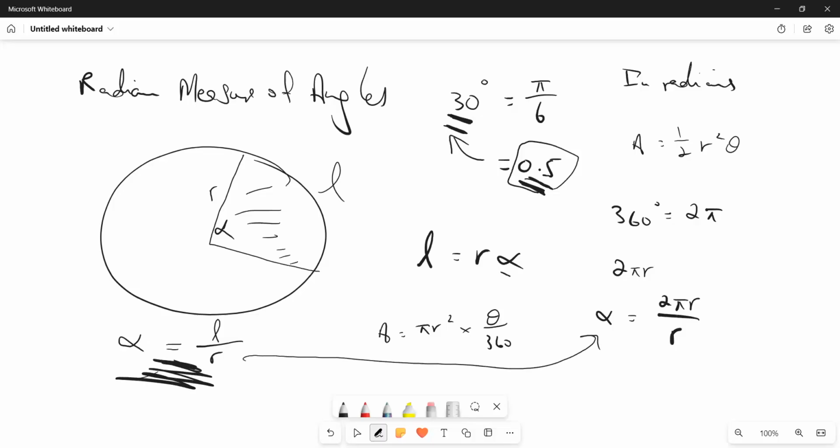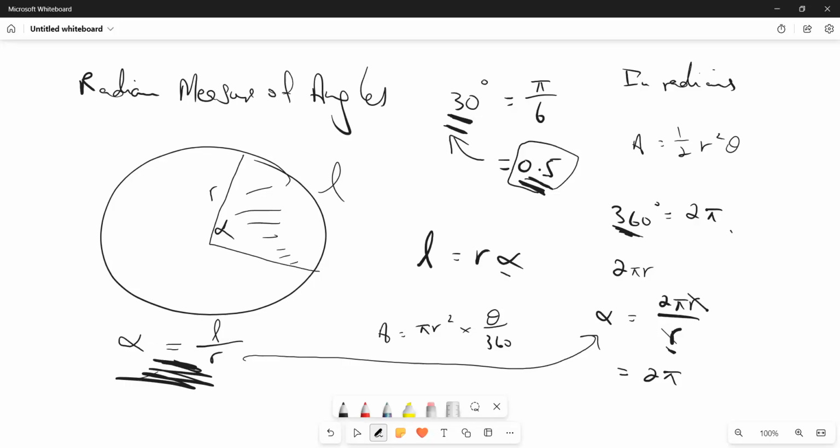If the whole circle is 2 pi r, then to get the angle in the whole circle, you have to divide by r. Isn't that what this is saying? The whole circumference, which is L now, is 2 pi r, and the radius is r, so it goes that way. And you end up with the angle in a circle in radians being 2 pi. You already know the angle in a circle is 360.